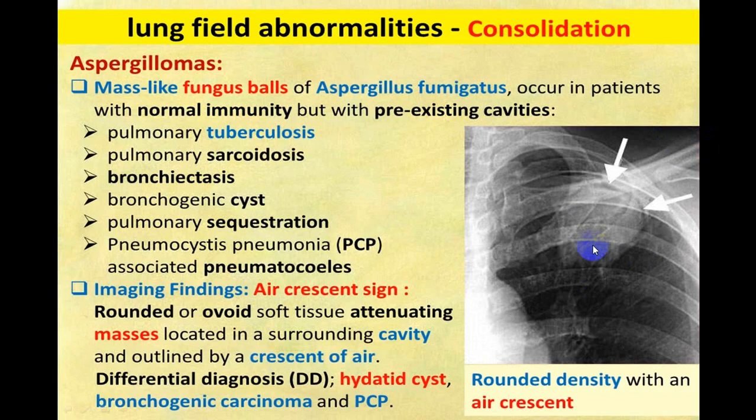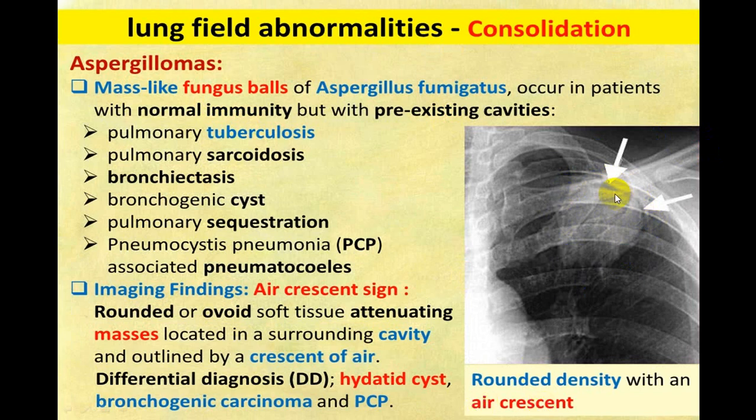You can see here there is a radio opacity. There is a radio opacity border like this, and in between that you can see a little radiolucency. This is called air crescent.